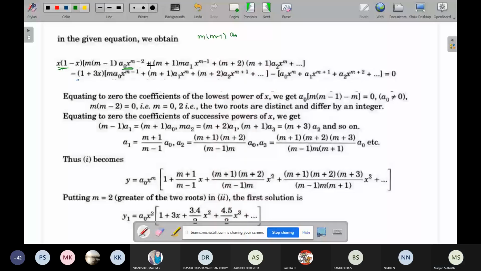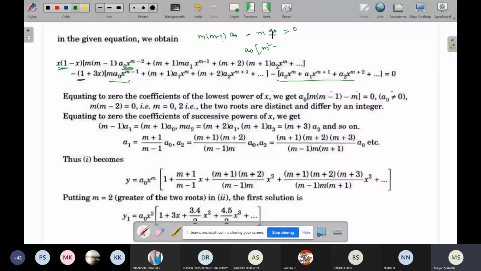Multiplying −1 with this, only then do we get the x^(m−1) coefficient, so −m a₀. Multiplying by 3x gives x^m, so no need. Only these are the coefficients of x^(m−1). Equate to 0 and take a₀ common.